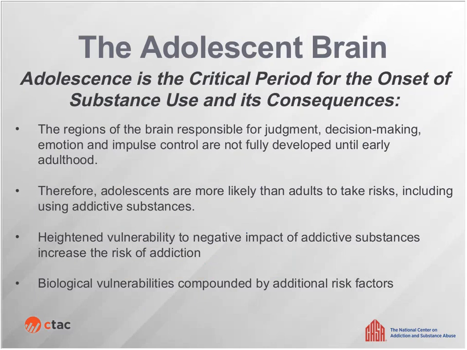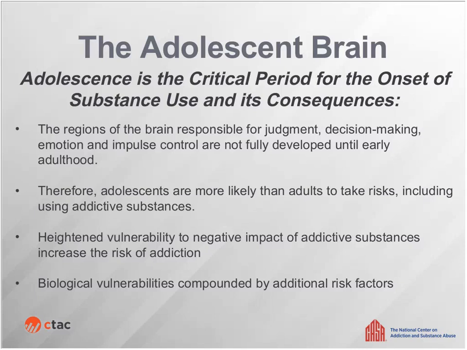So the regions of the brain develop from the back to the front, and the regions that Marcus was talking about earlier, the ones that are responsible for judgment, decision-making, and emotion, are not quite fully developed until early adulthood, but the part that responds to pleasure and reward is more developed. So that area is outpacing the development.